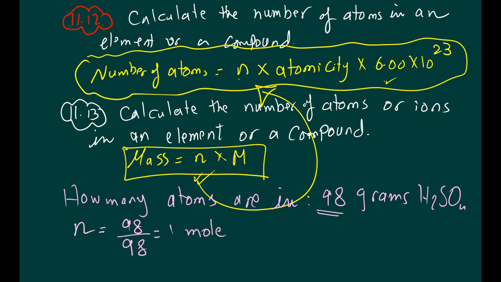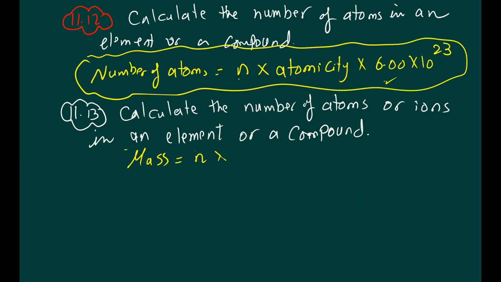Here the number of atoms equals N, which is the number of moles, 1, into atomicity of sulfuric acid, 4 plus 1, 5 plus 2, 7, into Avogadro's number, 6 times 10 power 23. So the answer will be 7 times 6, 42, or 4.2 times 10 power 24 atoms.